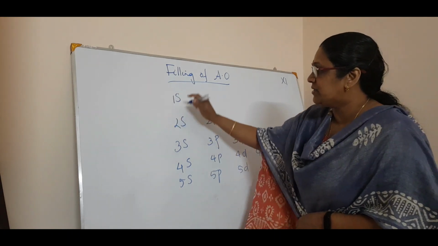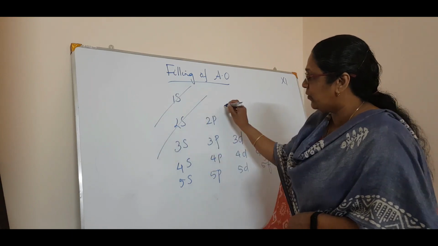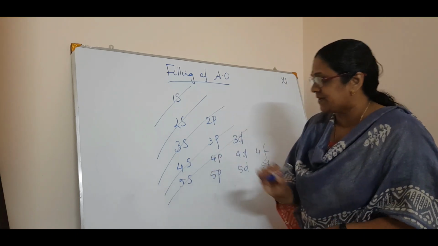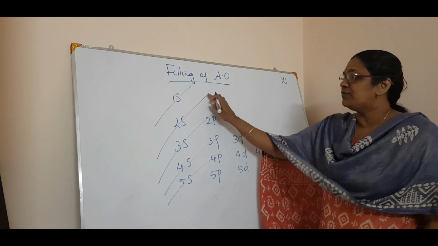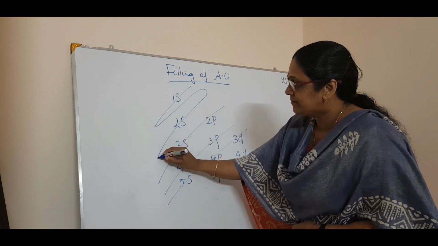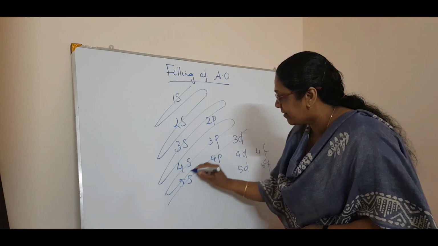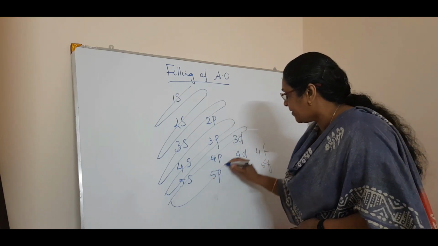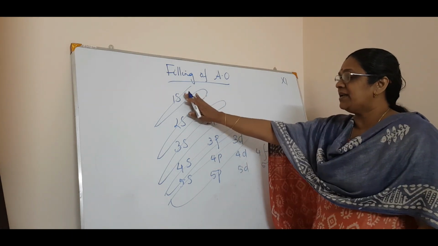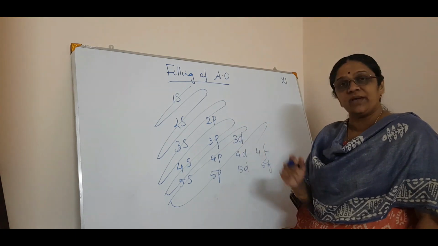What you should do is, you have a diagonal shape like this. Now what will you do? You have to touch these two. According to this, you will write the increasing order of this atomic orbital.